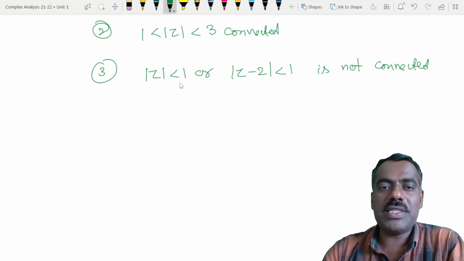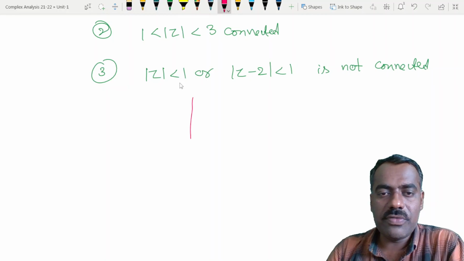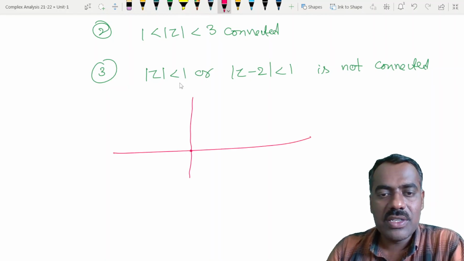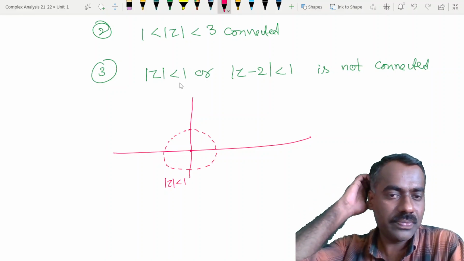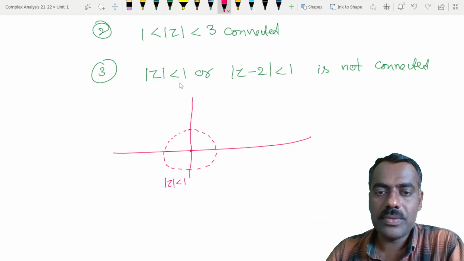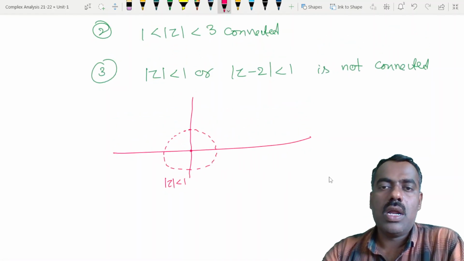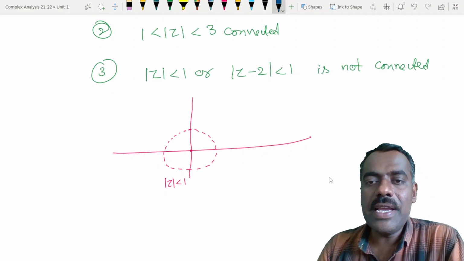Can you draw this picture? Mod z is less than 1. This has center 0 with radius 1. This is mod z less than 1, the inside part. Is that clear? Yes, sir. Now what about mod z minus 2 less than 1? It is a disk.